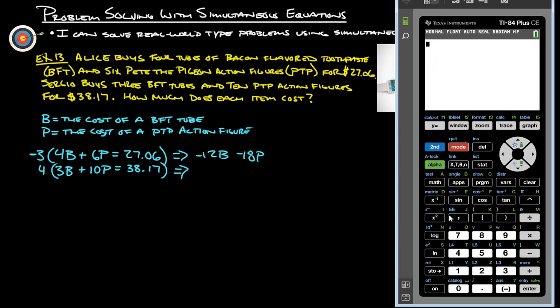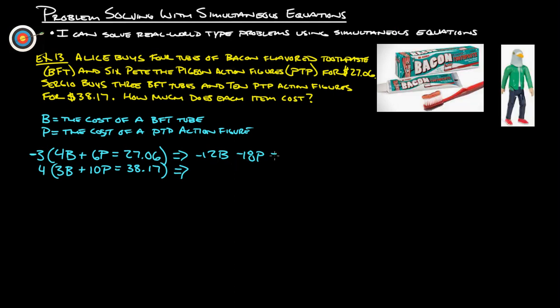Okay, let's figure that out. Negative 3 times 27.06. Negative 81.18 equals negative 81.18.